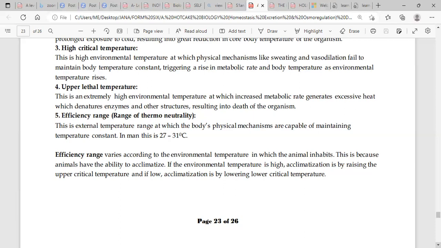This is because sometimes the animals have the ability to acclimatize. That is, if the environmental temperature is high, acclimatization takes place by raising the upper critical temperature. And if it is low, then acclimatization takes place by lowering the lower critical temperature.